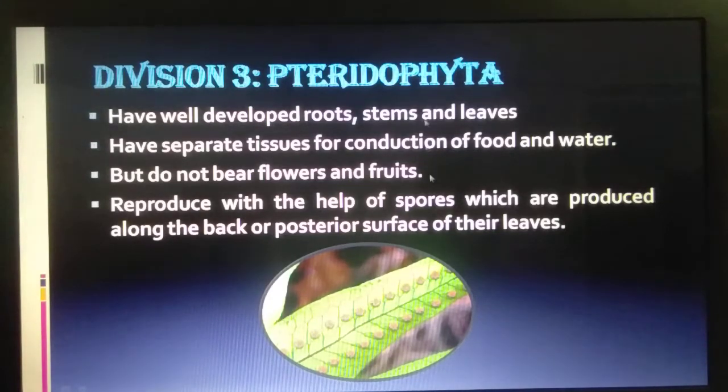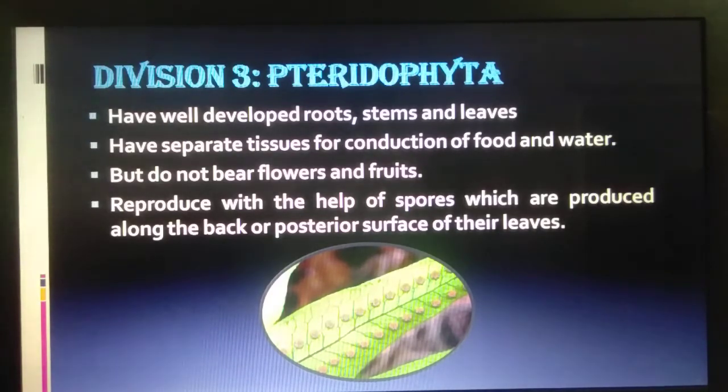So you can see that they are producing spores. Can you see these red-colored dot-like structures behind the leaf, on the posterior surface of their leaves? Through these spores they reproduce. These structures are also called sori. It is mentioned in your textbook.